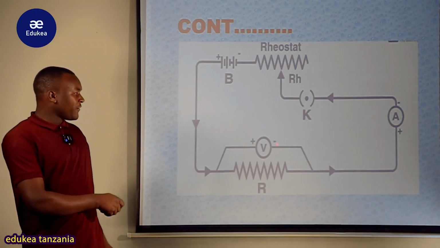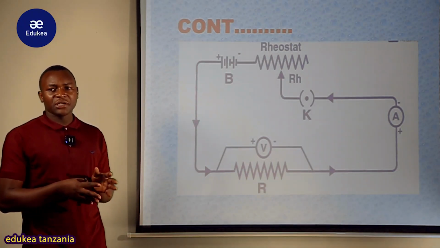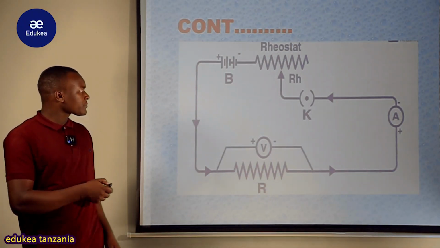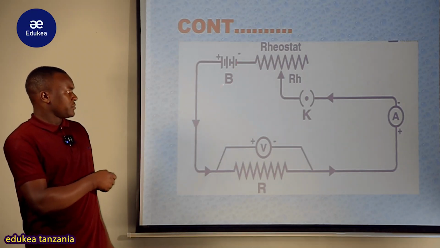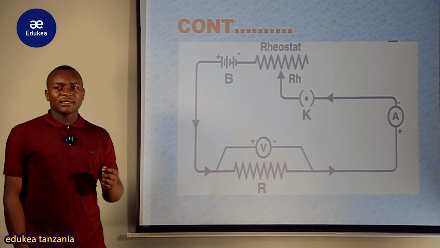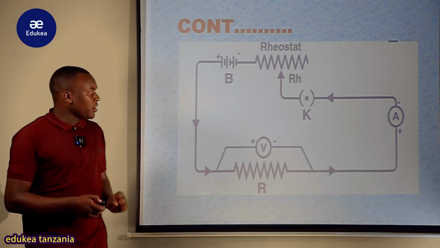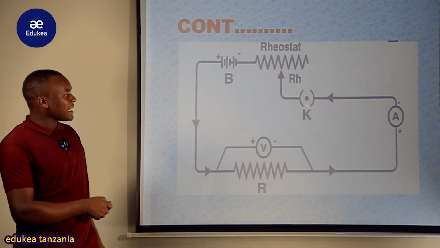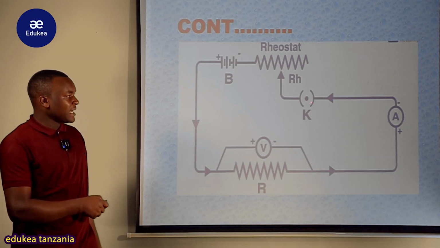We must have a voltmeter connected in parallel with the load or resistor. We must have a battery. We must have a rheostat. The rheostat is for the production of varying current. But also we must have a plug key, shown with a capital letter K.